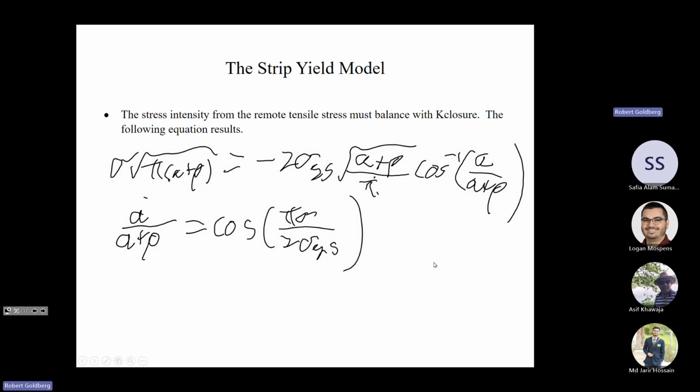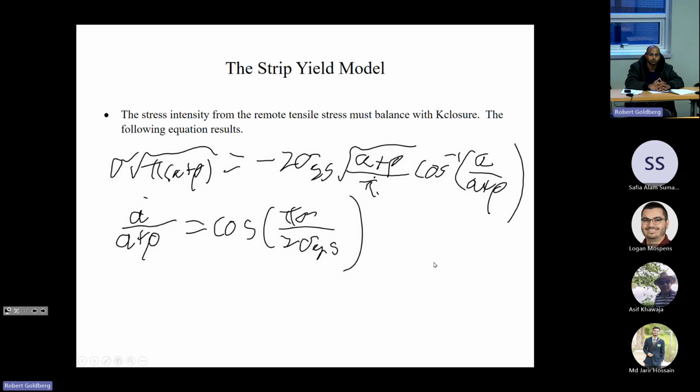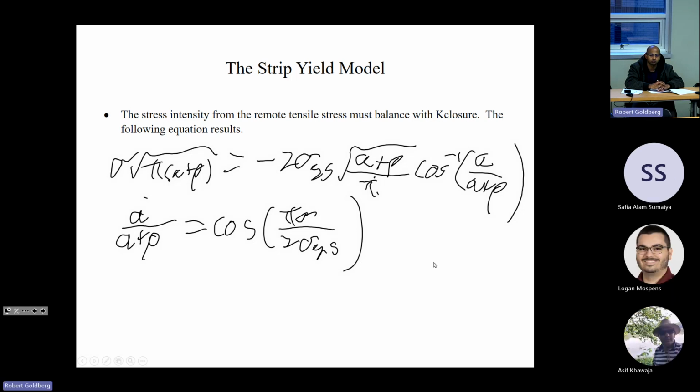Now, one thing to note is that if you look at this equation, as the stress approaches the yield stress, sigma over sigma ys gets close to 1. You get cosine of pi over 2, cosine of 90 degrees, which is equal to 0.